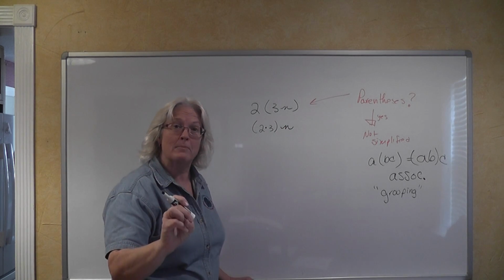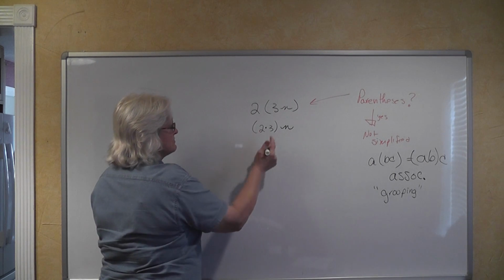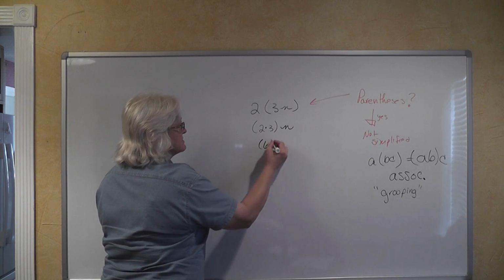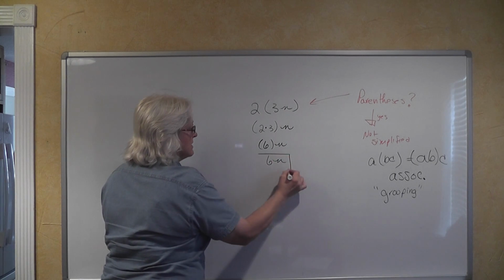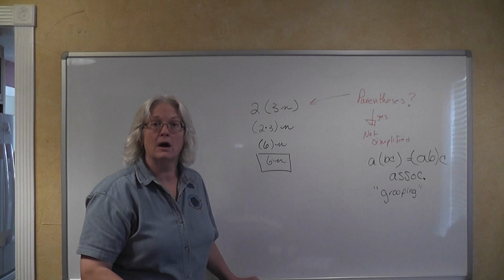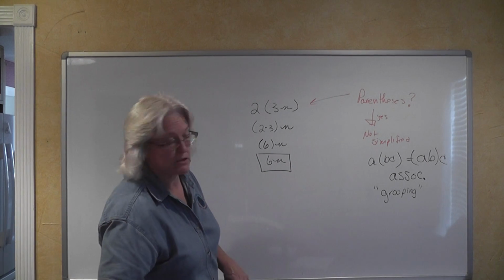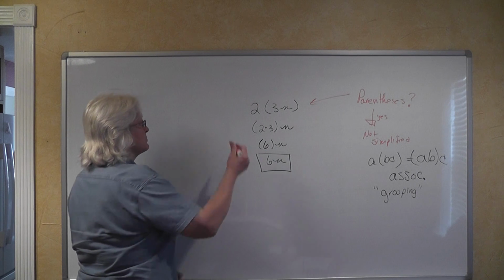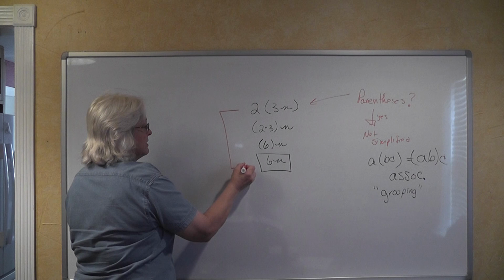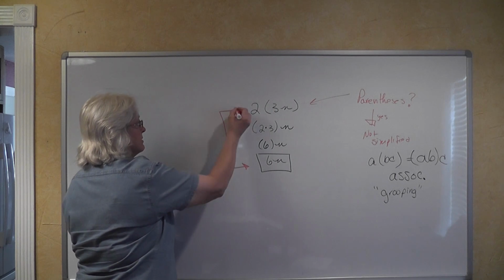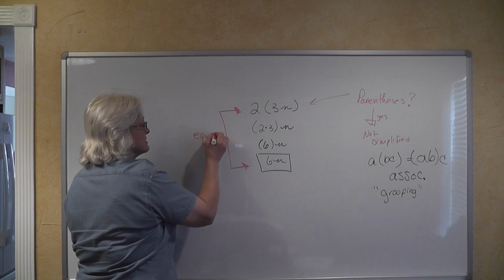Now we can perform that multiplication right inside the parentheses, 2 times 3. That becomes 6 times n. We remove the parentheses. We see that 2 times the quantity 3n is equal to 6n. These 2 expressions, the beginning of the problem and our final result, are equivalent expressions.